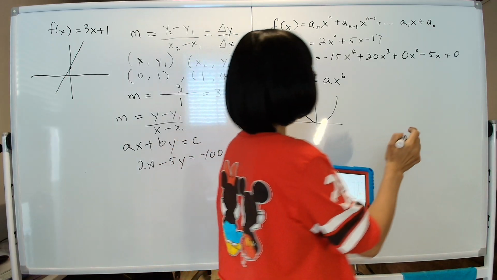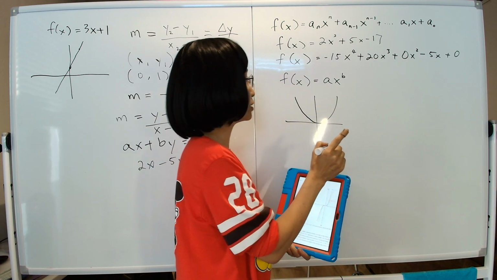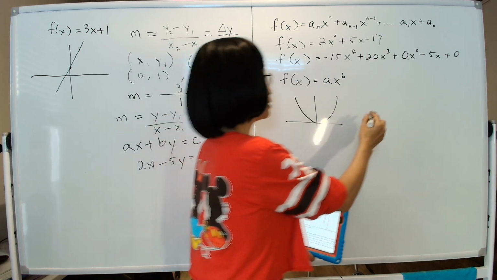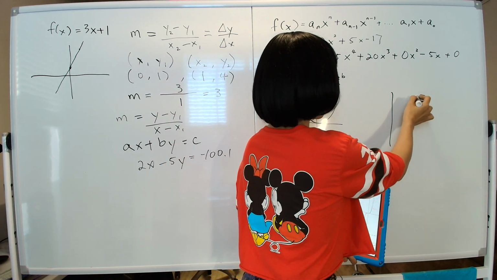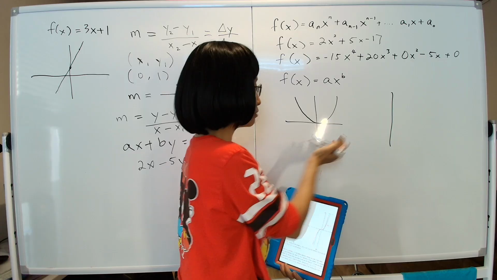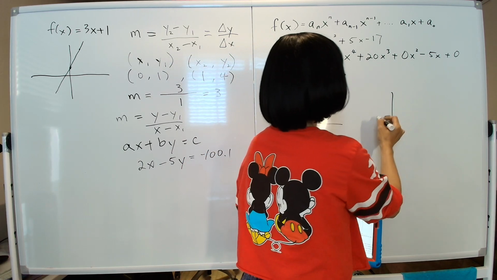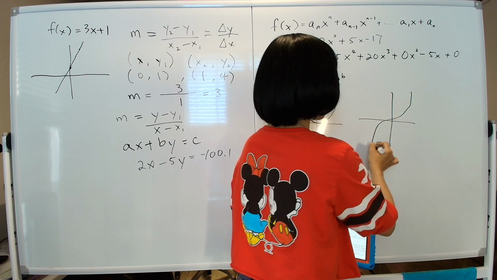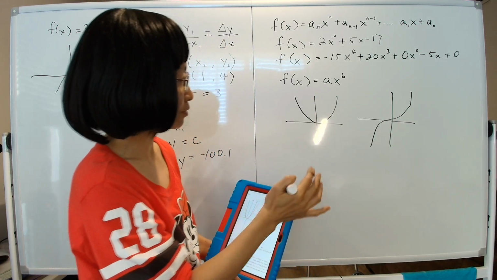And the ones with odd powers, like if the highest power is 3, then it does this crawling thing. The point is the graph goes something like this. Part of it goes down and part of it goes up.